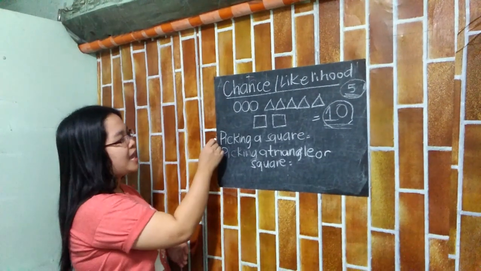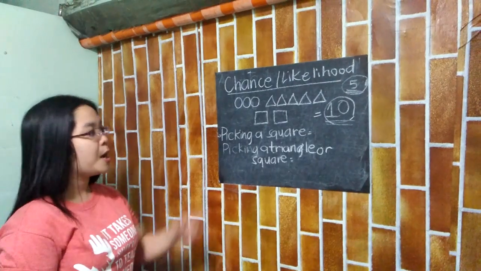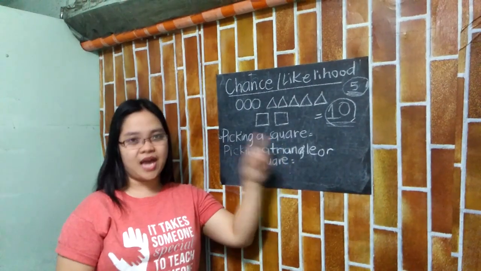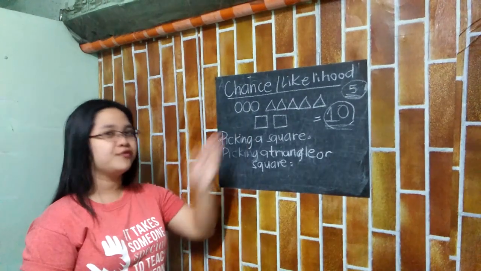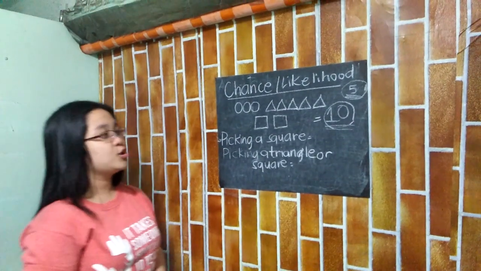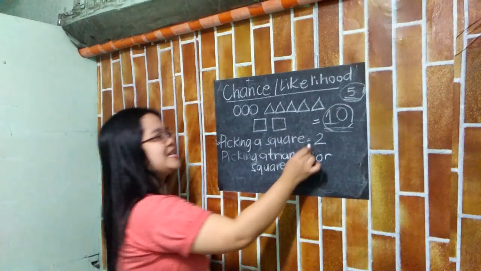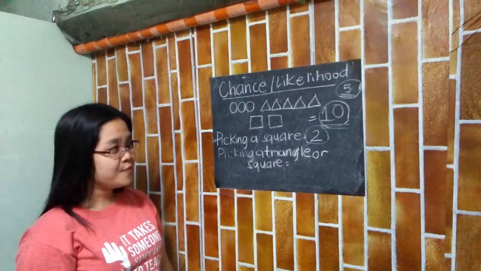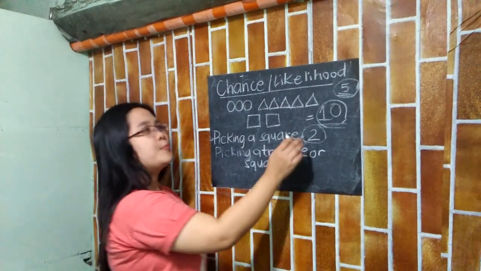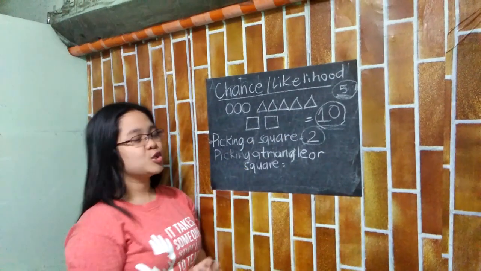So now take a look at our first event. It says there, picking a square. So how many squares do we have on the illustration? So we only have 2. Now, is it more than the half of 10, which is 5? Or is it more than half of our given shapes?